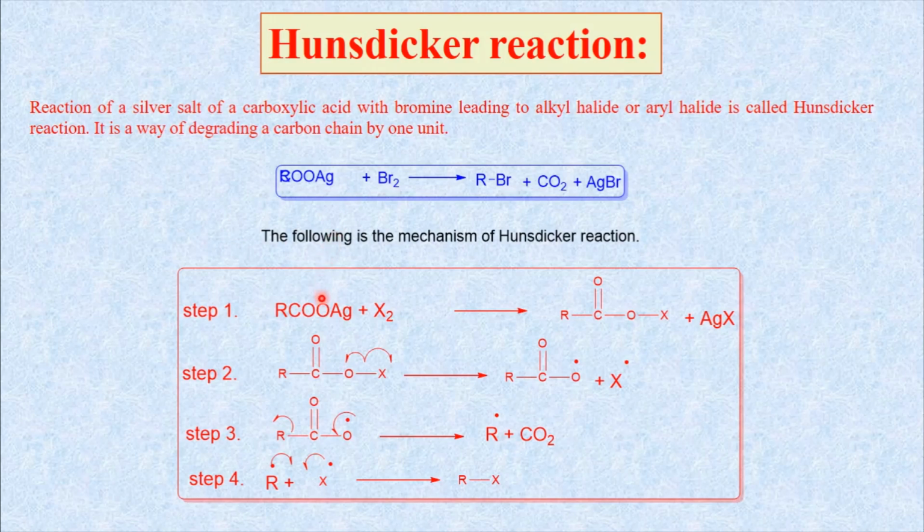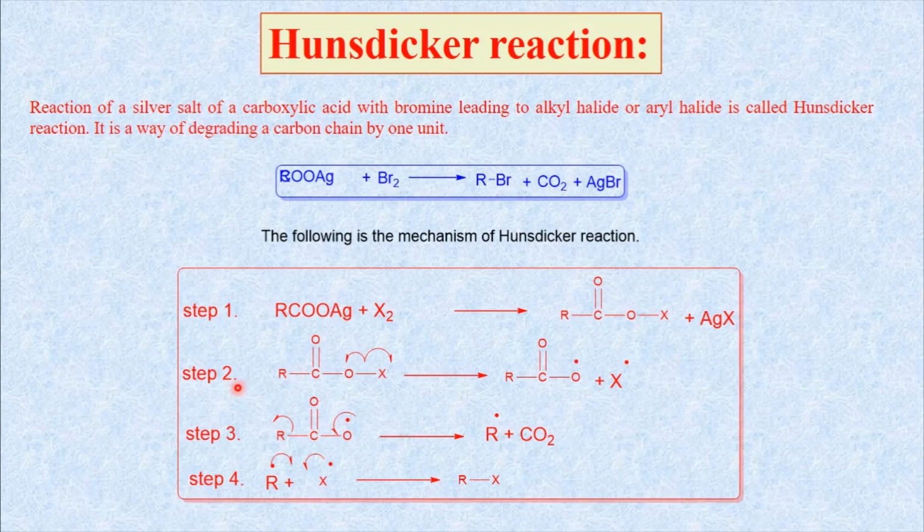You are using the silver salt, O minus, and it reacts with X2. The O minus attacks this X, substituting it and joining to form OX, and the other X reacts with the silver to convert to AgX.